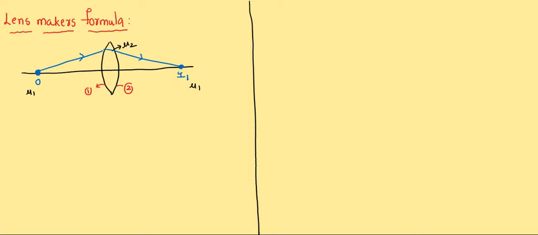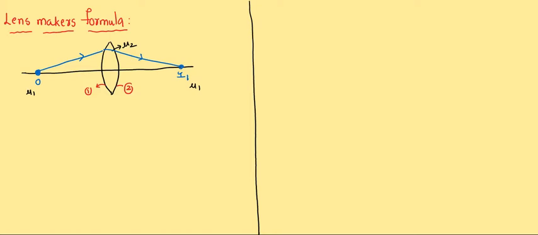One thing you should remember. O is an object which is in the mu1 medium, and the first surface forms the image of object O in the lens medium, that is in the mu2 medium, that is I1. But in the figure we are representing it in the mu1 medium, though this I1 is actually in the lens medium.